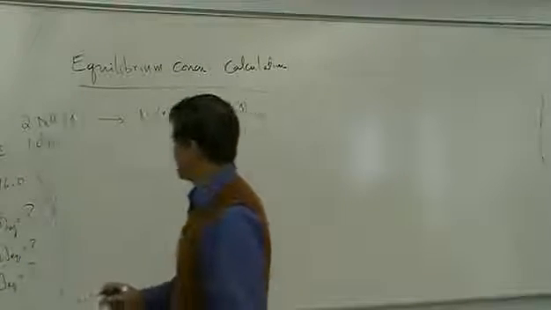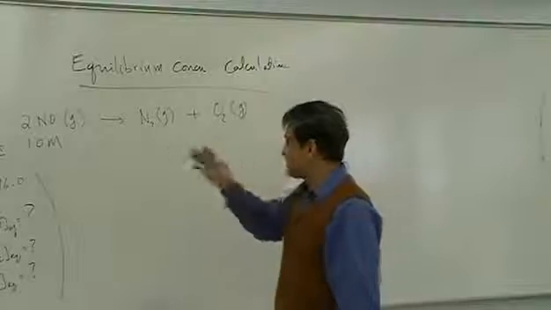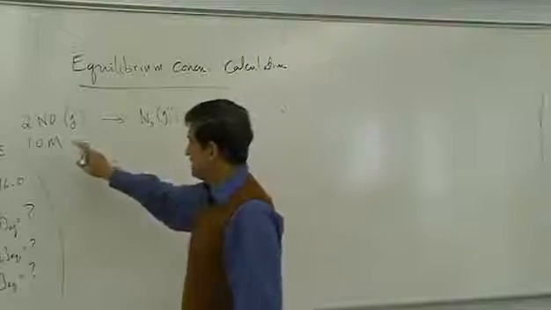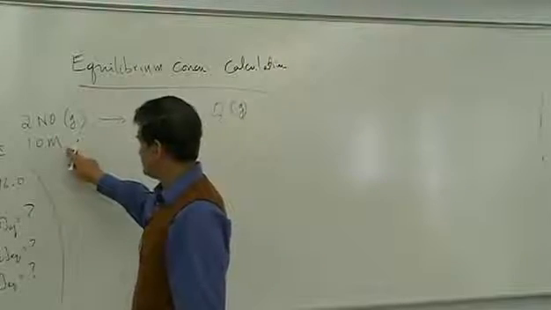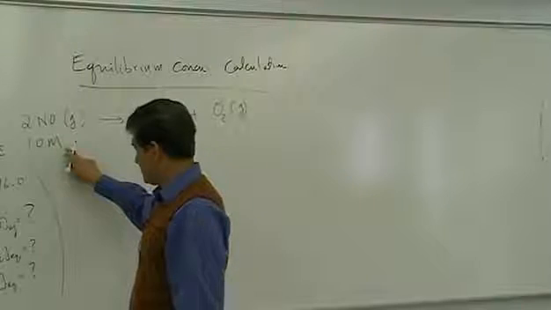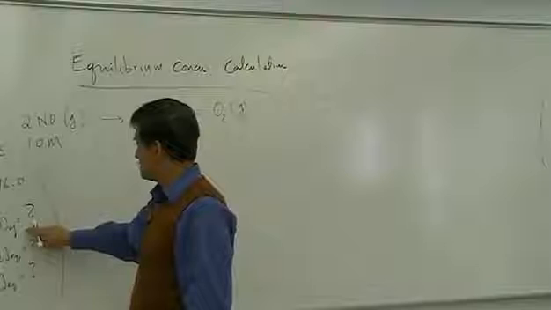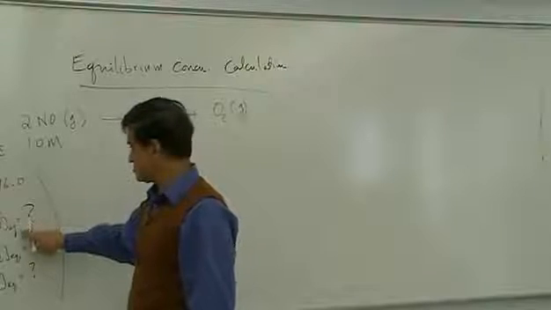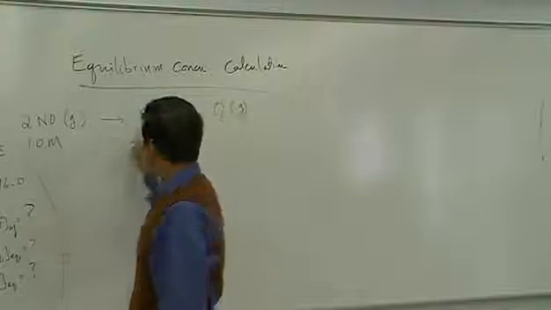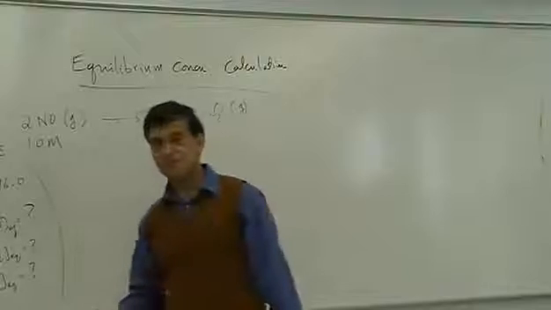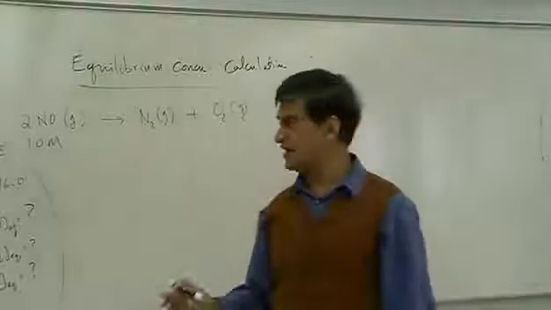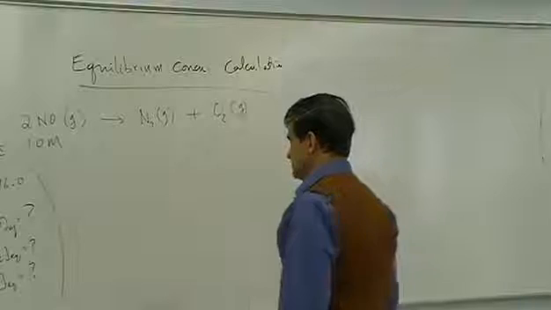So let me repeat the given information. Due to the reaction we are looking at, initial concentration of NO is 1.0 molar. Kc value is 16. I need to know equilibrium concentrations of NO, N2, and O2. Equilibrium concentration is the concentration that you get when equilibrium is reached.